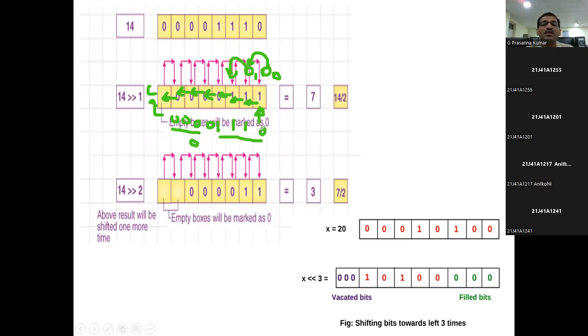Here, first is 2 plus 8 plus 16, that is 28. The output of this is 28.